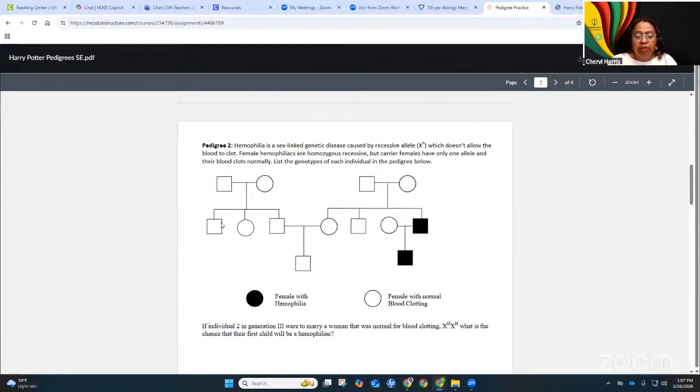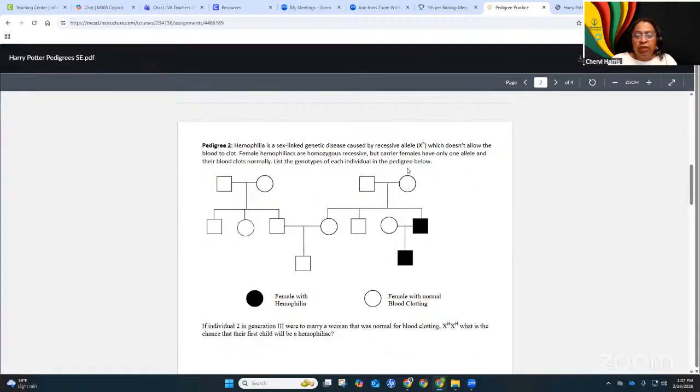None of them have hemophilia. Only the third son, remember they're listed in order, so this would be 1, 2, 3, got married, and she seems to be normal because she's not shaded. And they had a son, and he seems to be okay because he's also not shaded.